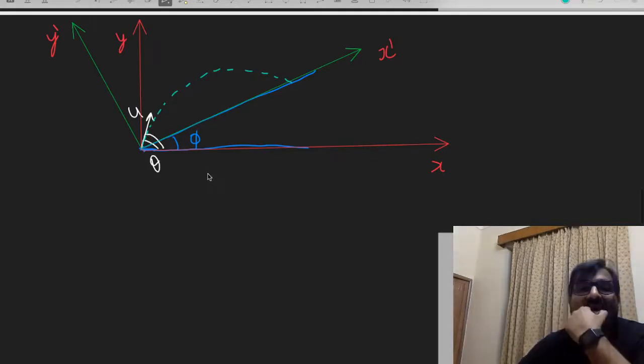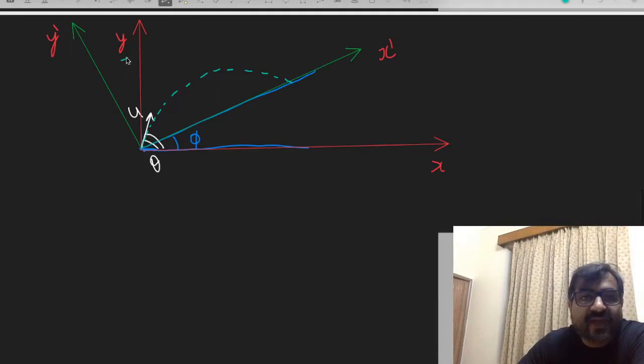So if you take this y and x, we have no idea what will be the value of this coordinate when it lands, nor of this coordinate when it lands.